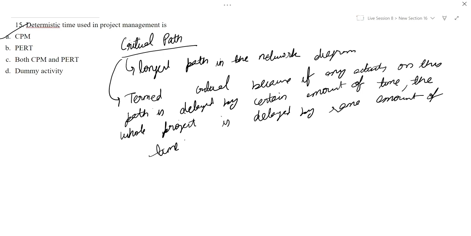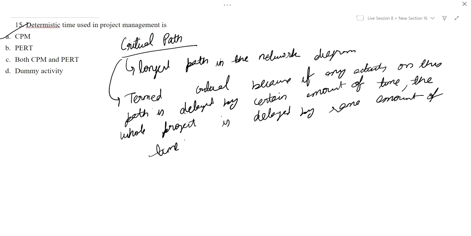So that is why it is deterministic, or defined time, which is defined for all types of activities.